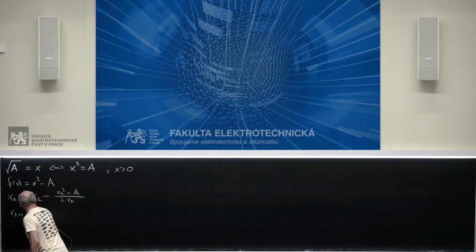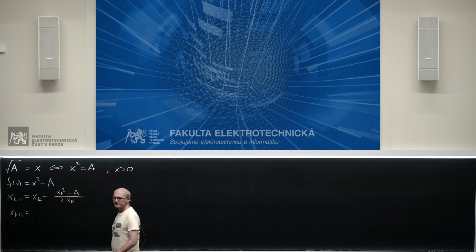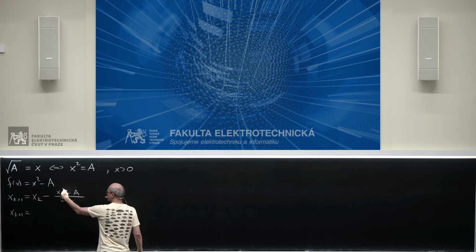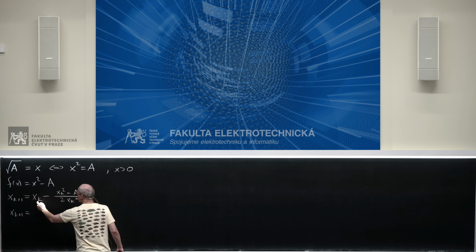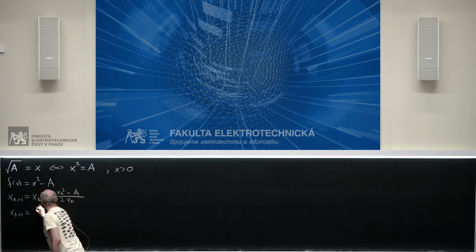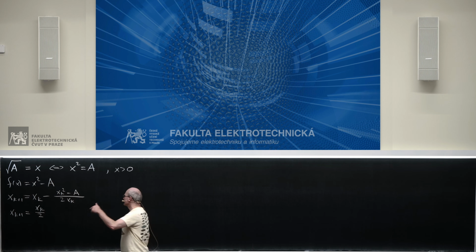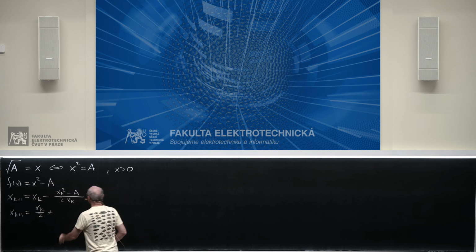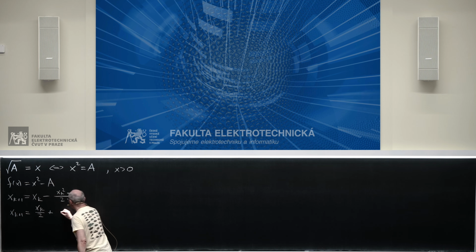Okay, let's have a look at it. x_{k+1} is equal to... I'm going to split this fraction into 2, and in the first part, x_k squared over 2x_k, one x_k cancels, and it is just x_k divided by 2, subtracted from x_k. So what we get is x_k divided by 2. That's just easy. The second part has minus here, so it's plus, and it's a divided by 2x_k.